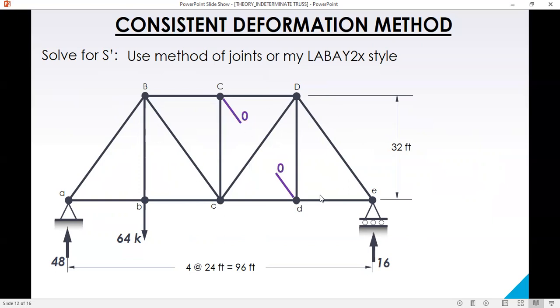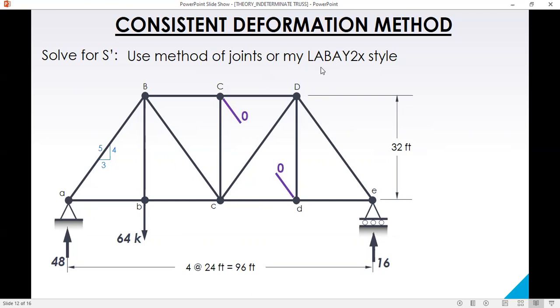Okay. And after this, we can start with joint A to solve for members AB and AB. So, similar to the previous problem, first we get the slope for this inclined member. 32 over 24 is equal to 4/3. And this is a special triangle, so the hypotenuse is 5.